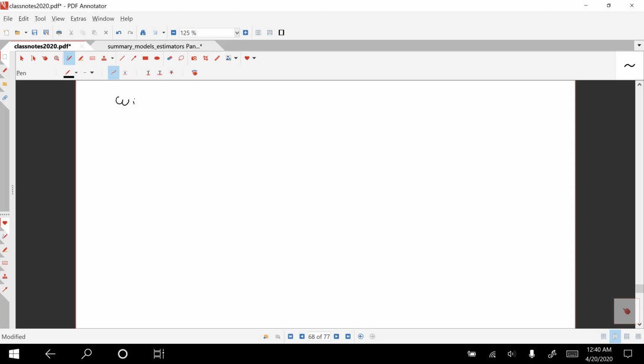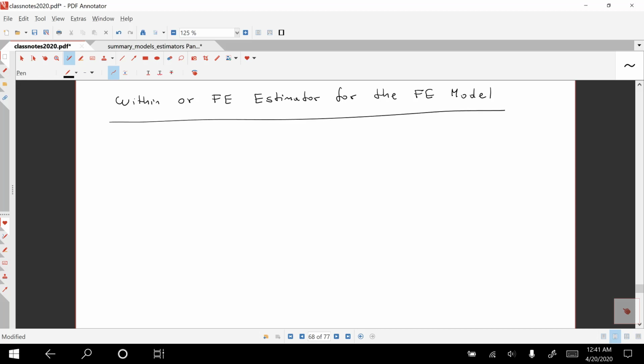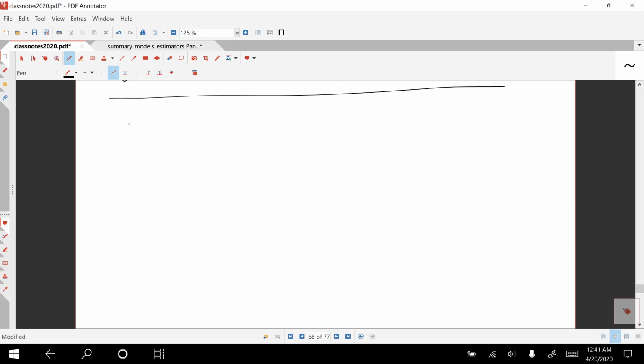Let's look at the within, or fixed effects, estimator for the fixed effects model. Once again, let's start with the original model.